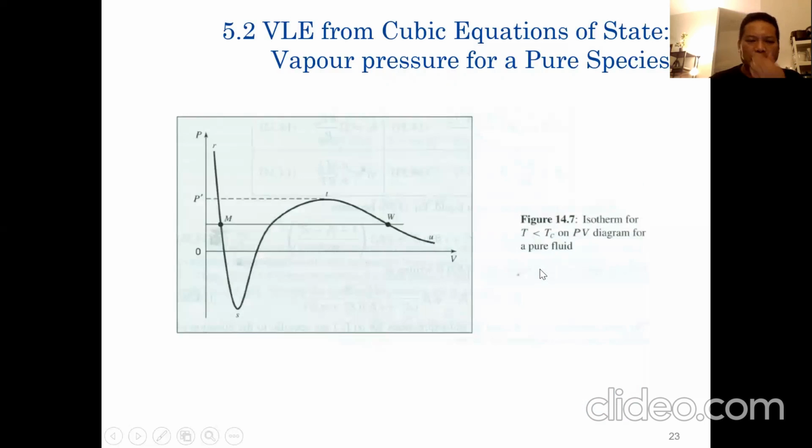But actually, if you see here, from R to S, this is more on the liquid phase, and then T to U is more on the vapor phase, and then S and T are the mixture.